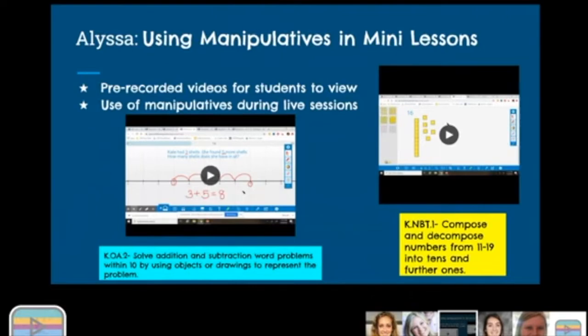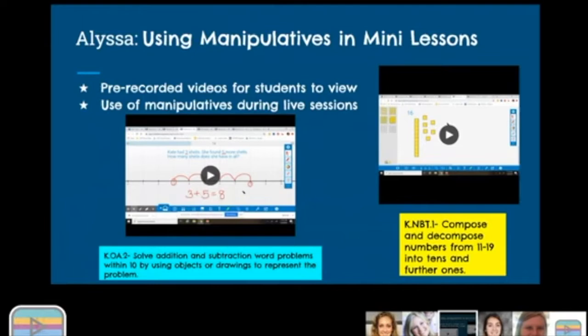I hope you get a chance at a later date to view these examples I've provided of pre-recorded mini lessons using these virtual manipulatives. These manipulatives have been extremely helpful to myself and my entire kindergarten team when pre-recording mini lessons for students or even doing live mini lessons on Google Meet with my class.